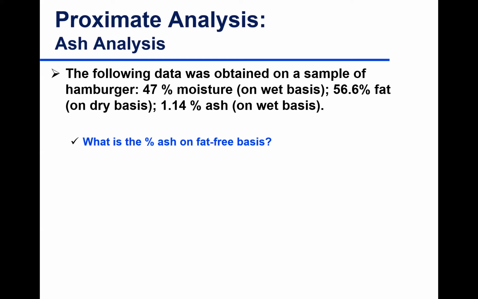So 1.14 grams over 70 equals x over the 100. 100 grams of everything except the fat. All right, so this means if you solve for x, it will be 1.63.